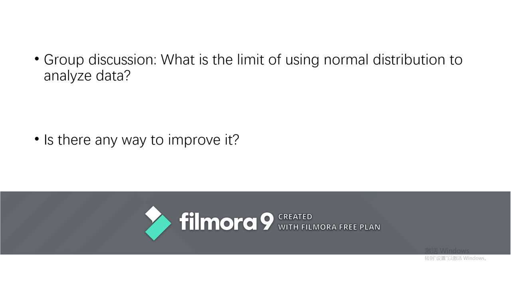Okay. Now, can anyone answer this question for me? Actually, the limit of using normal distribution, as I said, is that you need to have a great sample size, right? If you have a small sample size, you can't do anything with normal distribution. Is there any way to improve it? There is no way to improve normal distribution.